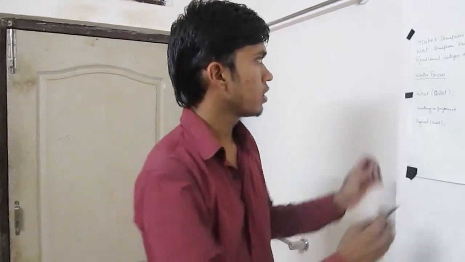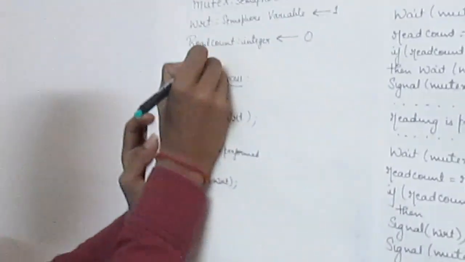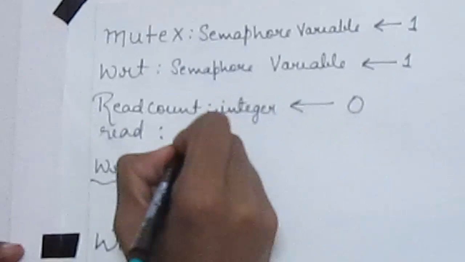We can put one more semaphore variable into it. Let's say read. So read is another semaphore variable.